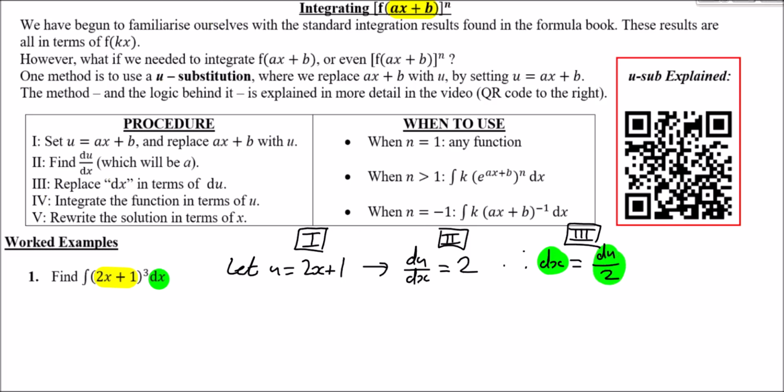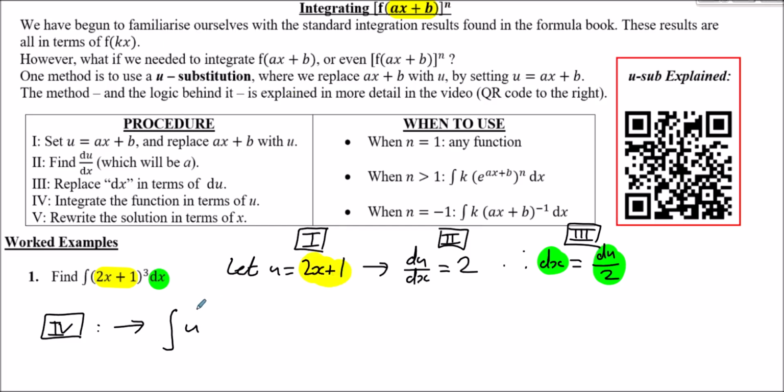Step 4, we can now integrate this thing with respect to u. This now becomes not 2x plus 1 cubed, but because I'm saying u is 2x plus 1, I can say it's the same as u all cubed with respect to dx.